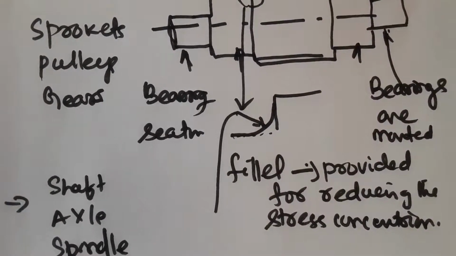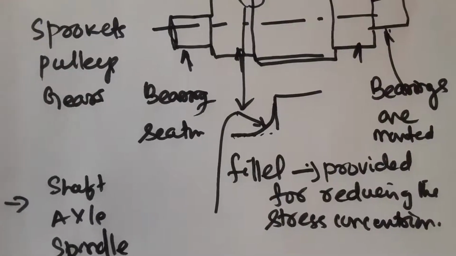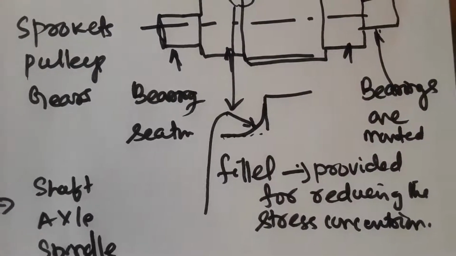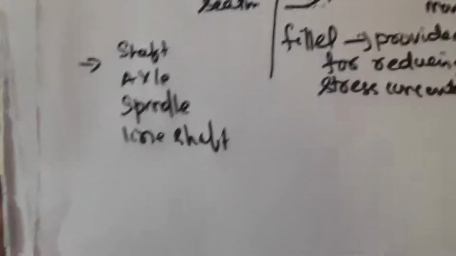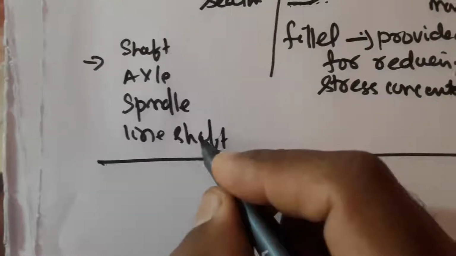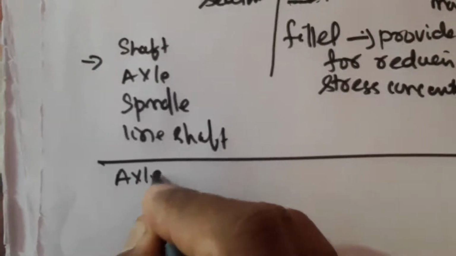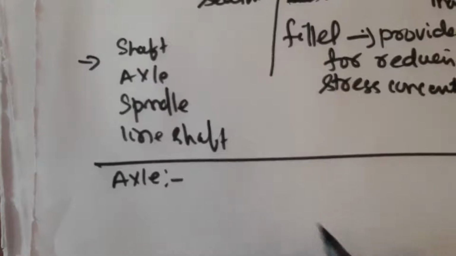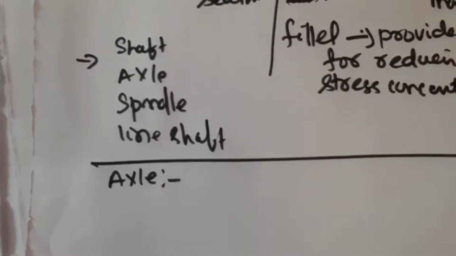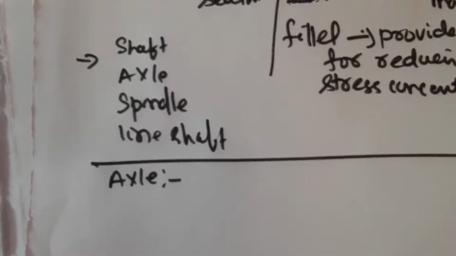There are several variations of the shafts. So axle is a term; let me talk about the axle. An axle is normally a shaft which supports elements like wheels, drums, ropes, sleeves.